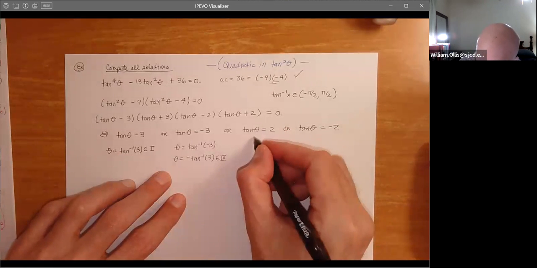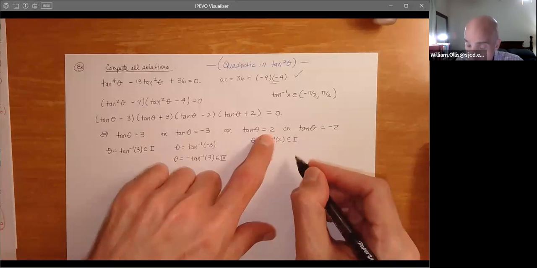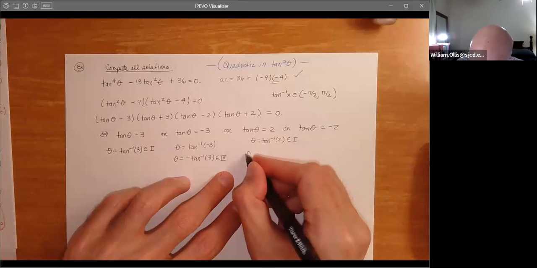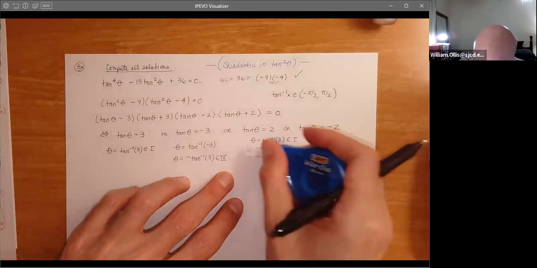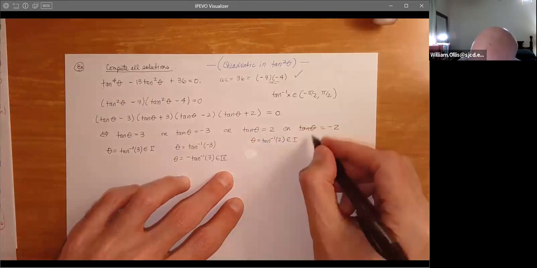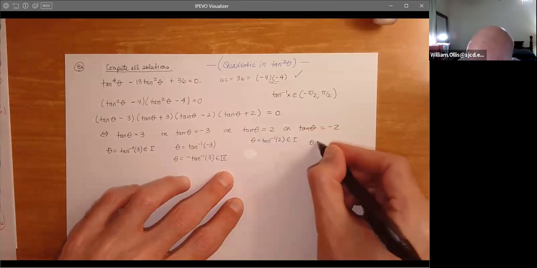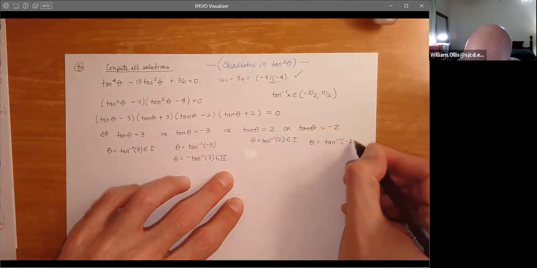Now do the same over here. Theta will now be the inverse tangent of 2. Of course, that'll be in the first quadrant because this is a positive number. And then, of course, theta, well, let me run over to the next equation and not write the solution here. So now we have theta equals the inverse tangent of -2.